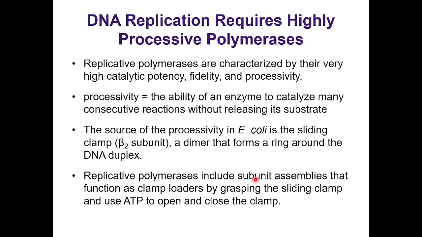So replication polymerases are going to be characterized by their very high catalytic potency, fidelity, and processivity. Processivity is the ability of an enzyme to catalyze many consecutive reactions without releasing its substrate, i.e. that it has high processivity. Okay?